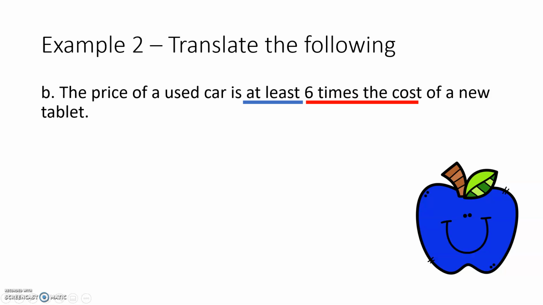Now we need to understand what at least means. At least means the minimum it could be, the smallest it could be, right? So here's how I express that. The cost of the car is greater than or equal to 6T. When we see at least, we're talking about greater than or equal to.